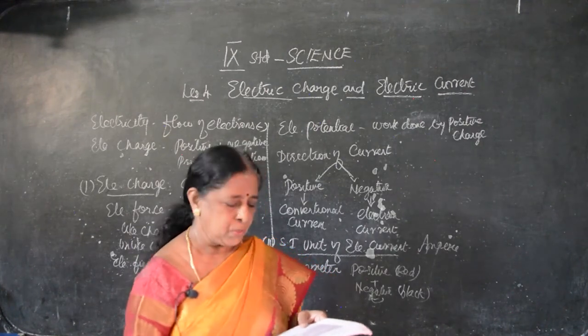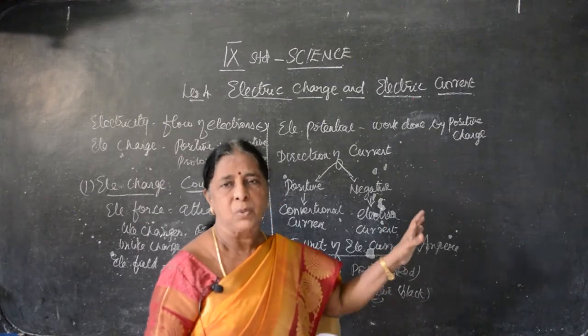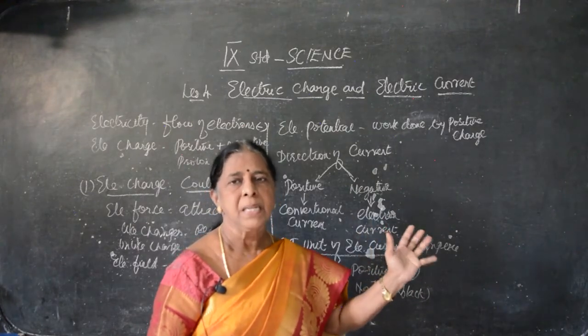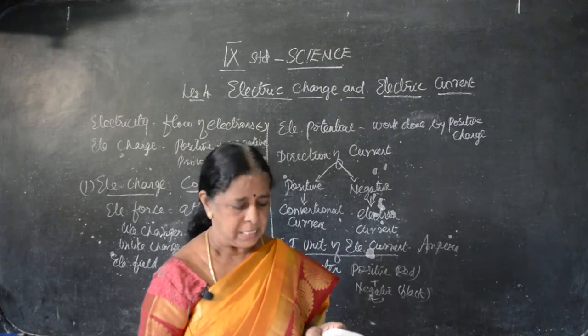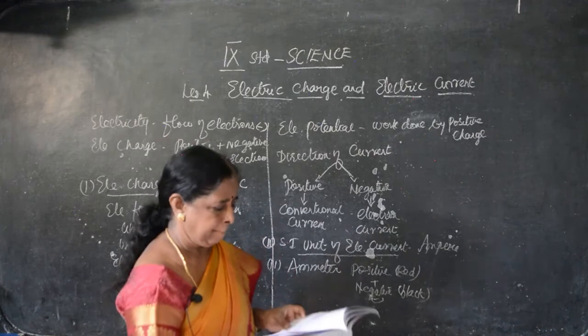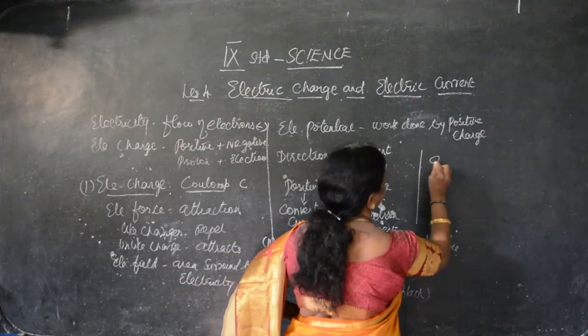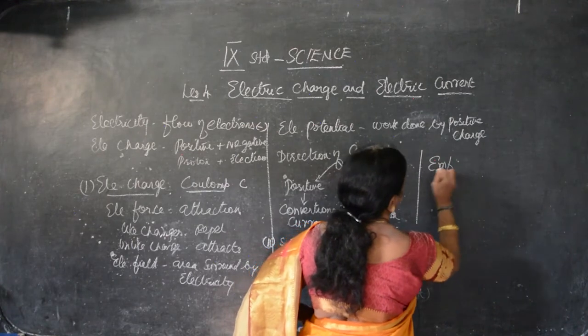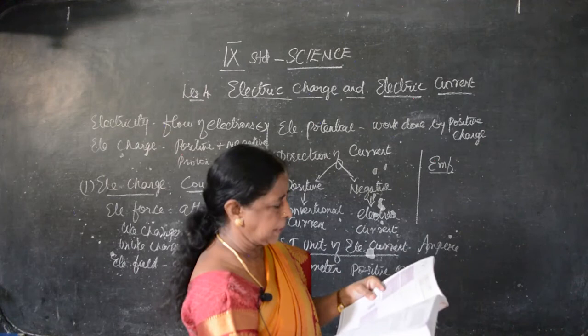Okay, next we have to see electromotive force. Electricity travels and flows very fast. The force is measured by using electromotive force, EMF. So we'll see what electromotive force is. The flow of electricity is measured by electromotive force.